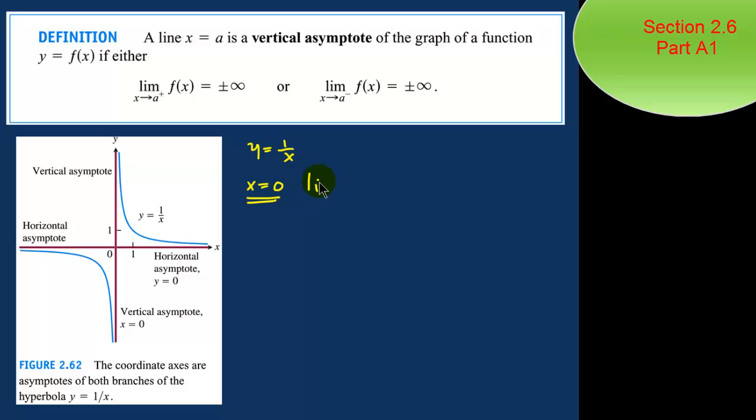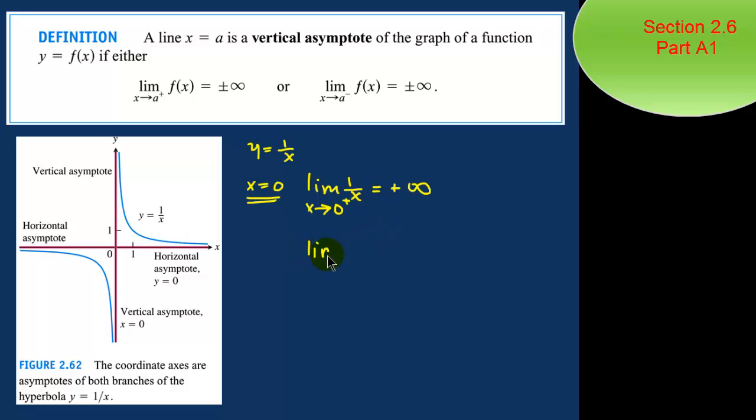So we take the limit of 1 over x as x approaches 0 coming from the right. If I approach 0 coming from the right, these numbers will be very, very small. They're positively small numbers. So if we take the reciprocal, it'll be plus infinity.